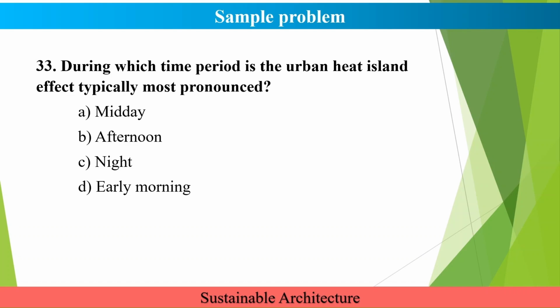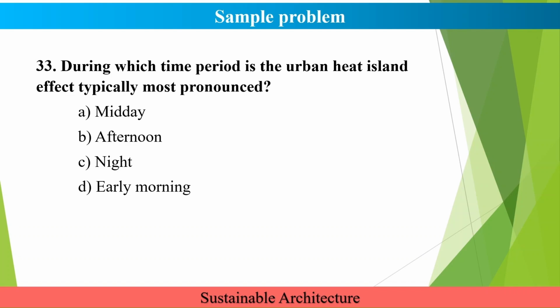When the surface absorbs shortwave radiation from the sun, it re-radiates that infrared radiation at night, which increases the heat of the area or city. Okay, so is it clear to all of you now? C will be the right answer. Yes, sir. Okay, so I think now it is clear.